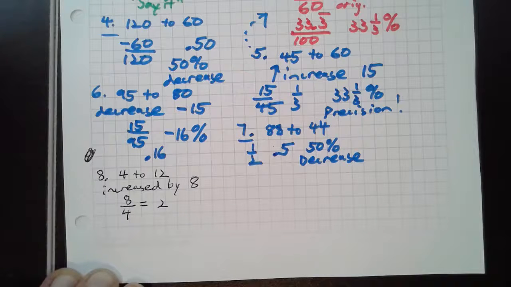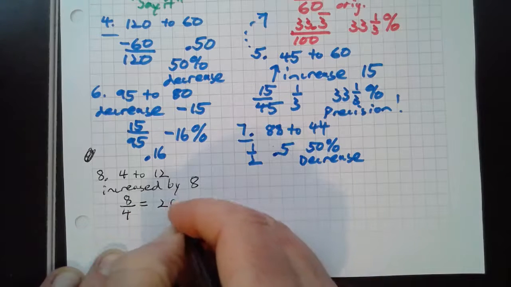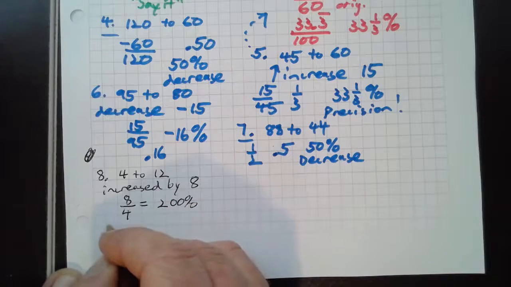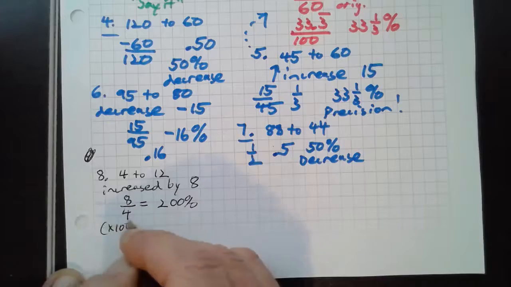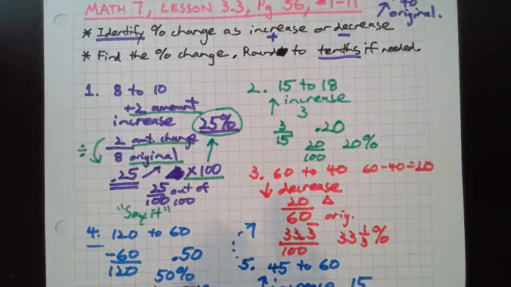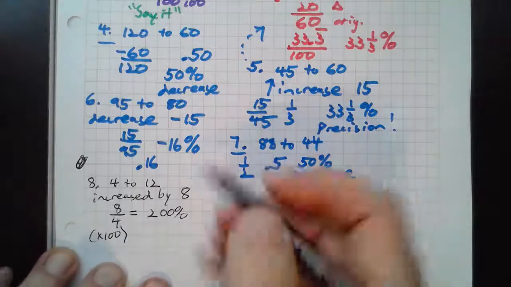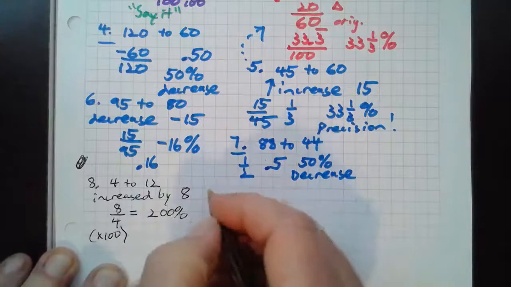We just doubled it. So that's 200%. That's where you might want to remember that you multiply by 100. Remember up here? Multiply by 100. If you're not sure what to do, you get a whole number like that. You're like, what? And just, oh yeah, that.